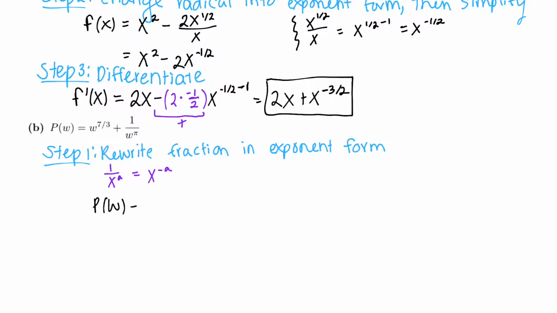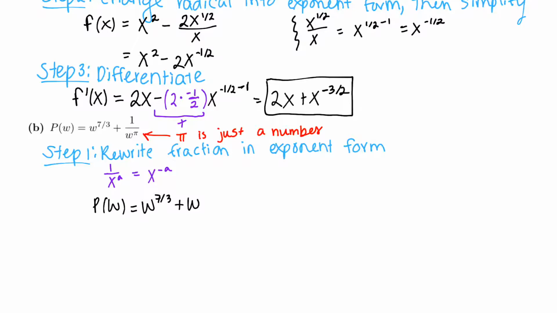So for p of w, we can leave that first term, the 7/3, alone. And then instead of 1 over w to the pi, remember pi is just a number. Let me just make a note on that. Right, it's the number 3.14.